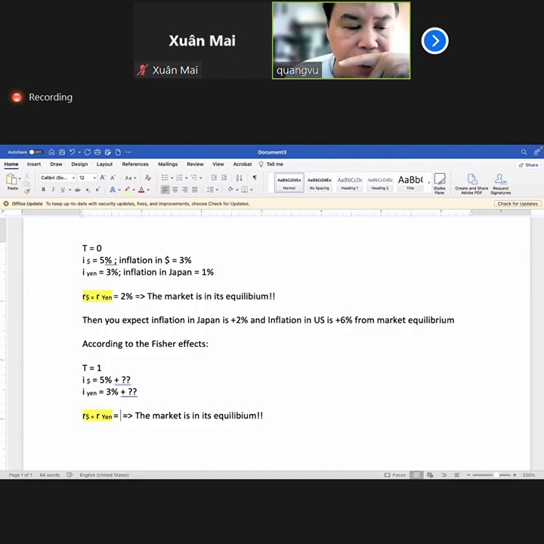Okay. And then let's write down. Let's assume 11%, and then nominal rate in Japan, let's say 2%, 5%, right? And then let's calculate the real rate.